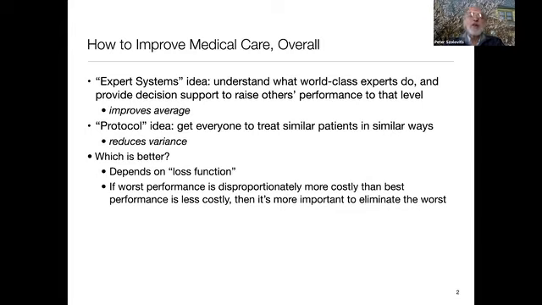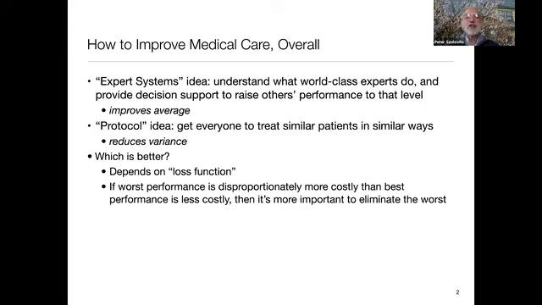And thus was born the idea of a protocol that says, let's treat similar patients in similar ways, and the value of that is to reduce the variance. So improve average versus reduce variance. So which of these is better? Well, it depends on your loss function.